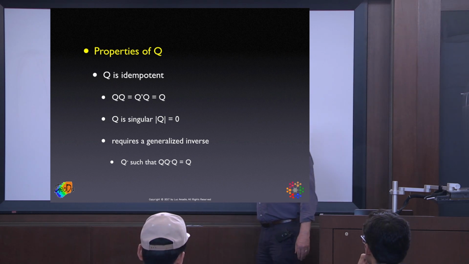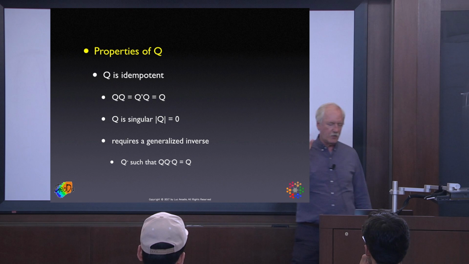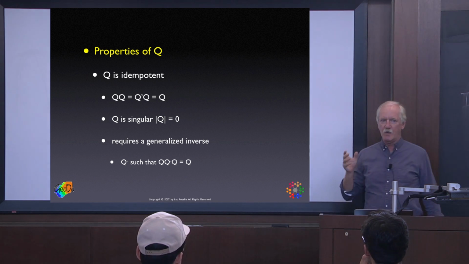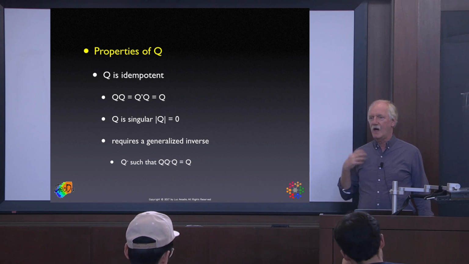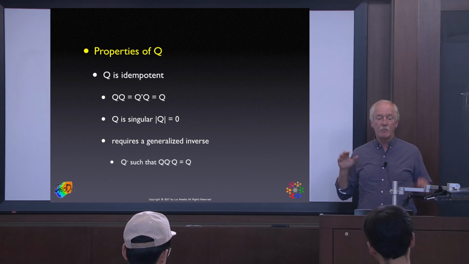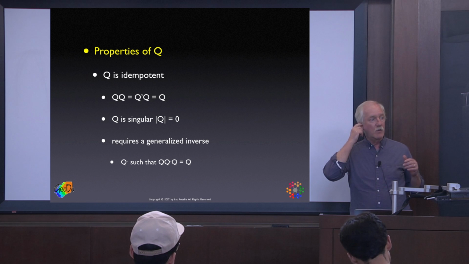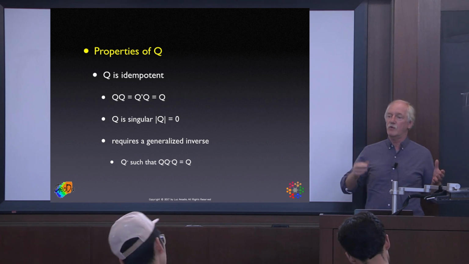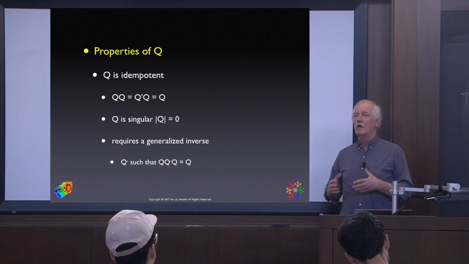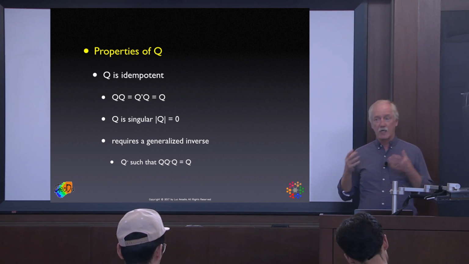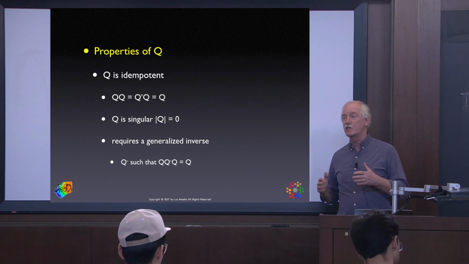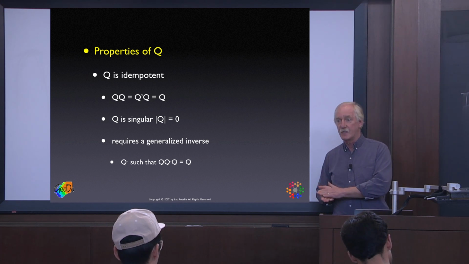It's important to get the intuition straight that a generalized inverse is not an inverse. The way I like to put it, a lot of people get confused by this. They say, oh, no problem, we can't do an inverse, we'll do a generalized inverse. Well, an inverse is an exact solution. A generalized inverse is like a least squares fit. It's not the same thing.